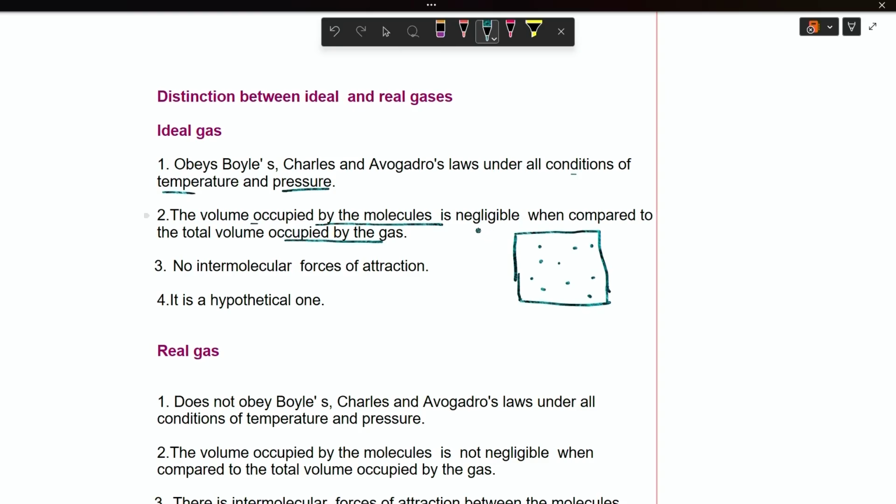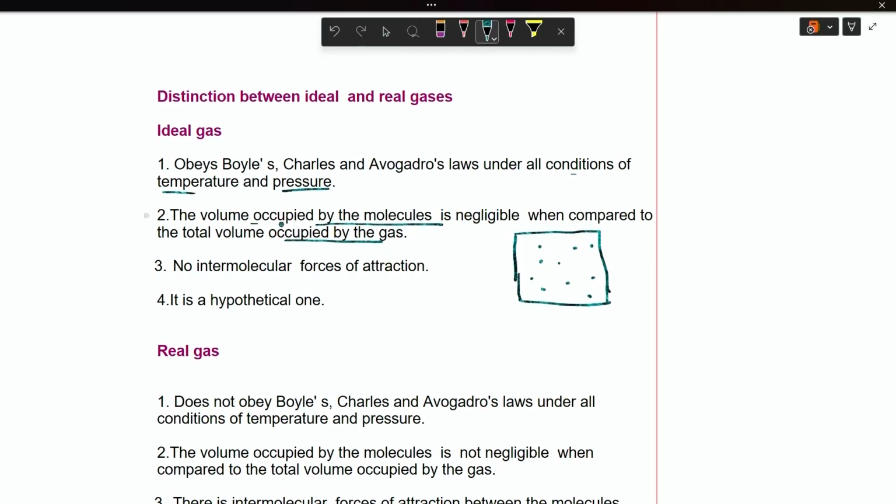This is the volume occupied by the gas, because the gas molecules are occupying such a big volume. Now, what do you mean by volume of the molecules? Suppose for the same volume, I compress all these molecules, and this is the volume occupied by the molecules.